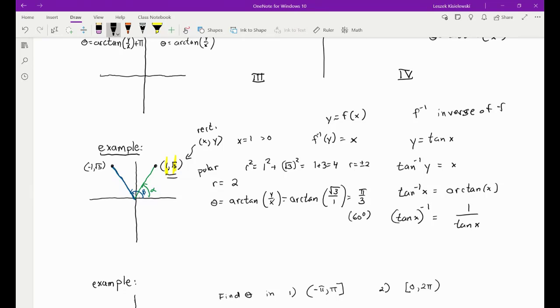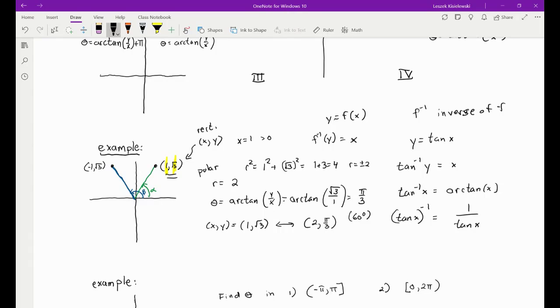So now the point with rectangular coordinates 1, square root of 3 is represented by the polar coordinates where r is 2 and theta is pi/3.